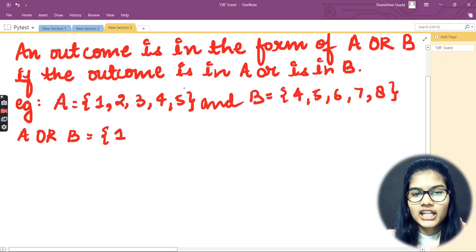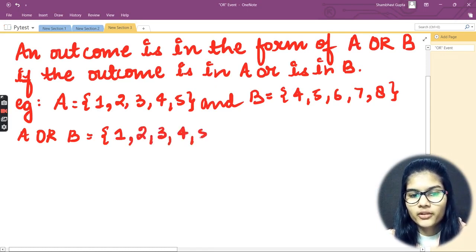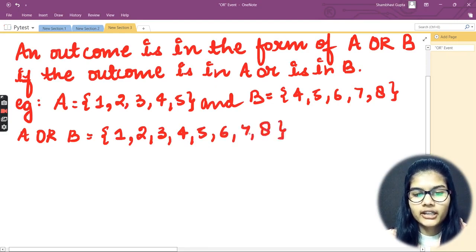So it will be 1, 2, 3, 4, 5, 6, 7, 8. This is how A or B will be.